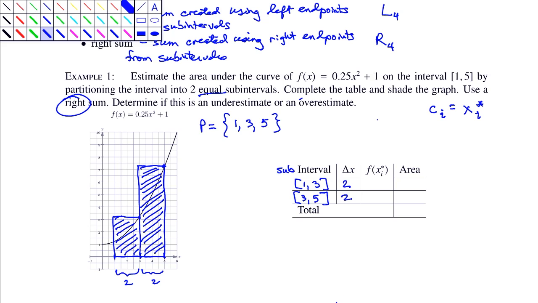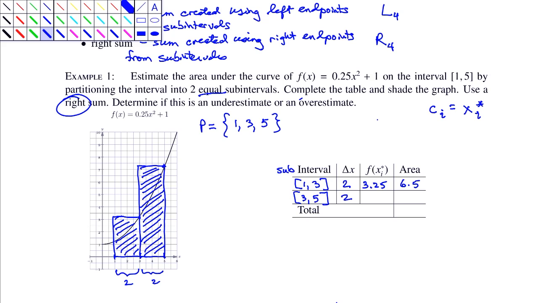So on the first subinterval from 1 to 3, xi star is 3, and f of 3 is, and then we figure this up, we can use our calculator on this, that would be 3.25, plugging that into the function. And then what does that tell me? I have a base and I have a height. Base times height is the area of that rectangle. So that would be 6.5.